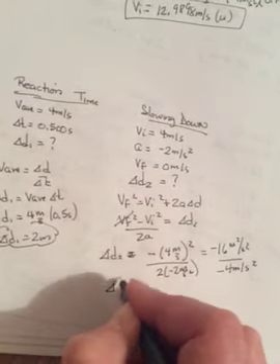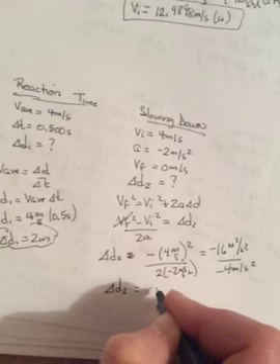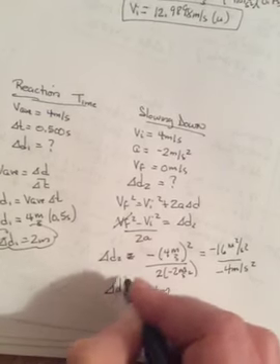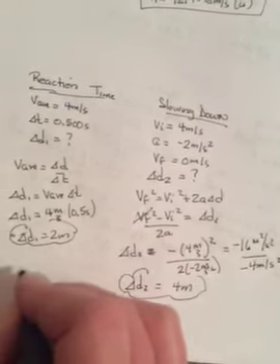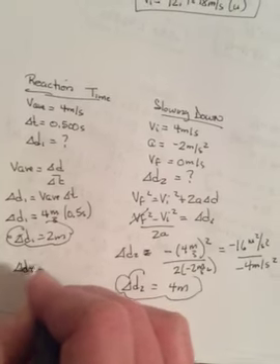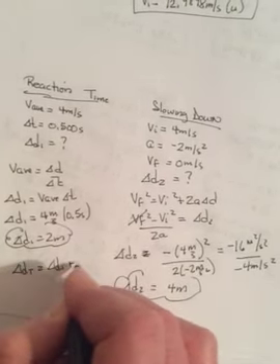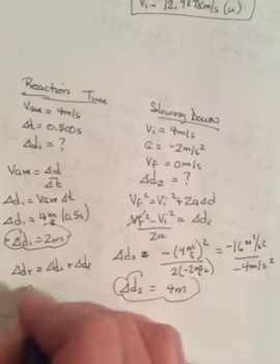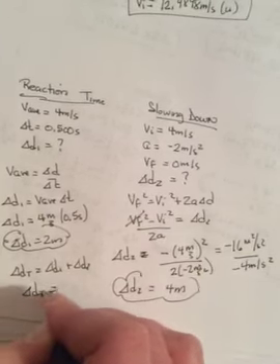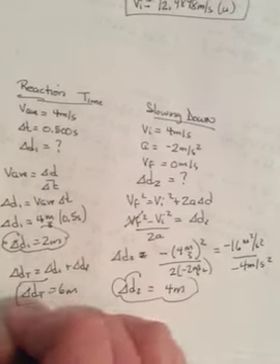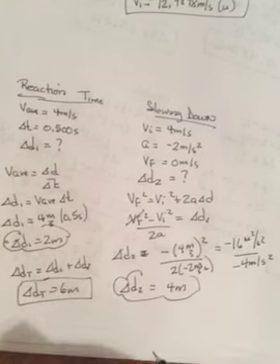The negatives disappear. So D2, 4 meters. Total distance then, add them together. D1 plus D2, 6 meters. Does he run into his teacher? No, he doesn't. Close, but not quite.